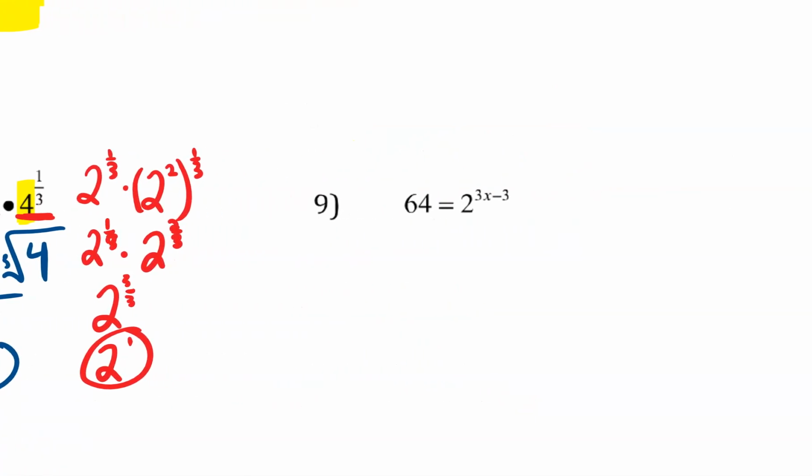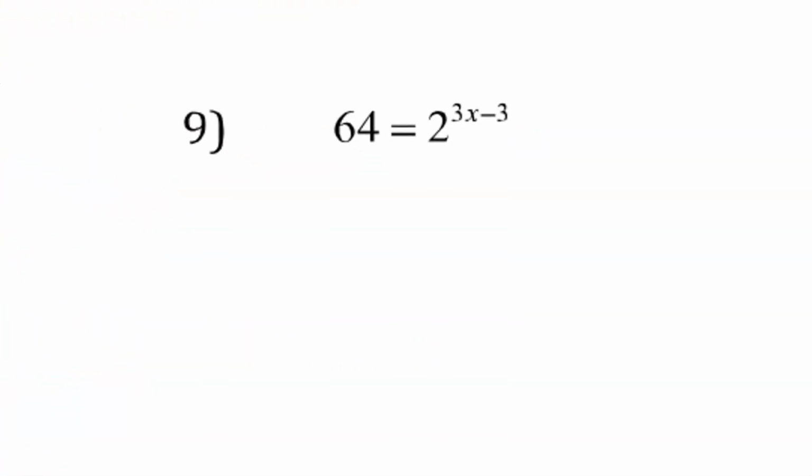This last one, you will have to use changing base. You will have to change the base. This needs to have a base of 2. So think about 64. 64 is the same as 2 times 2 times 2 times 2. How many times? If you actually multiply it out, 2 times 2, 6 times, you get 64.